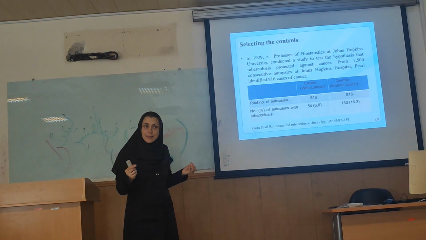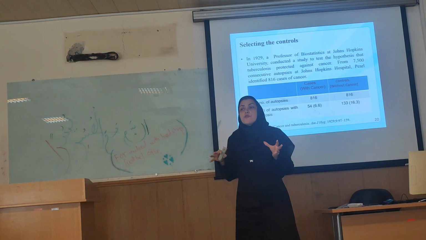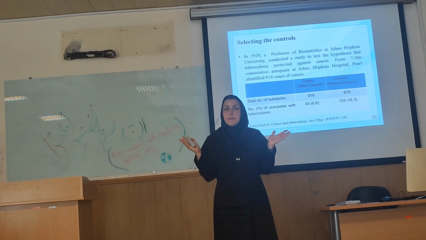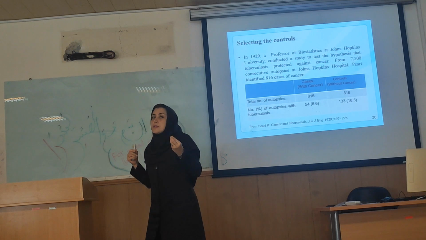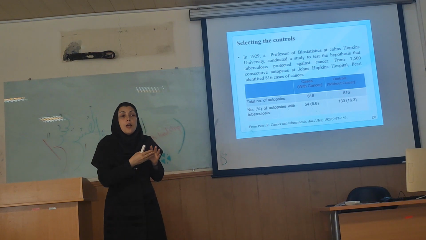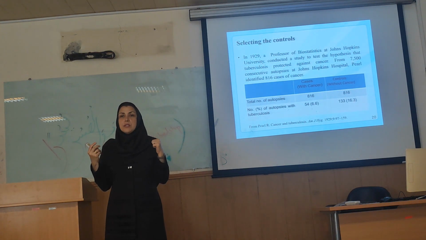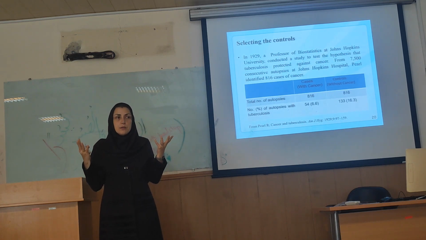It means that in that hospital, the percentage of tuberculosis was higher than in the community. So the controls hospitalized in Johns Hopkins Hospital were not representative of the whole community regarding the percentage of tuberculosis.